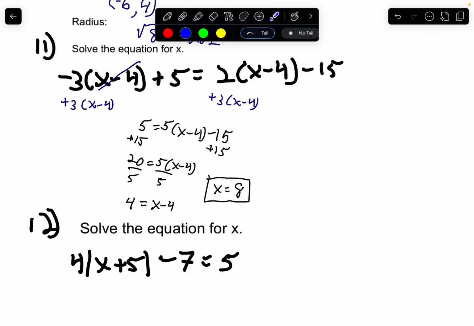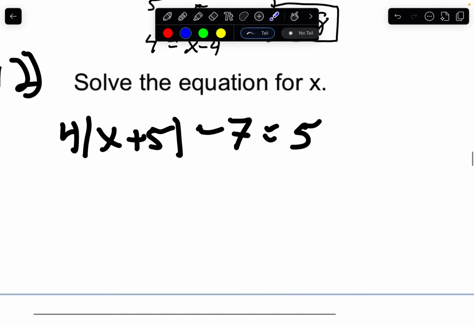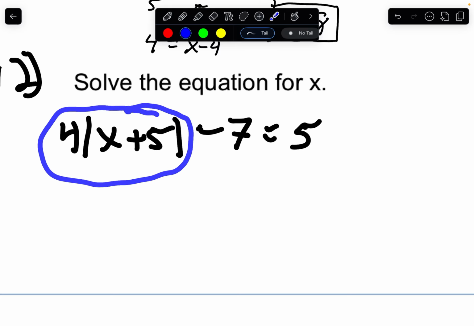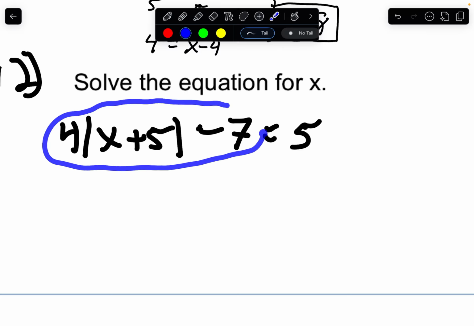All right, the next one is solve the equation for x. All right, so to solve this, notice we have an absolute value. The goal to solve this is you have to get the absolute value by itself. So we're going to isolate this left side.